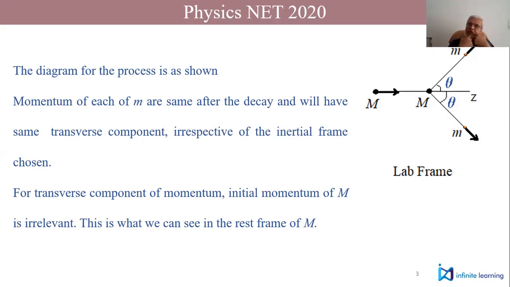But if you go into the rest frame of mass capital M, then in that frame, both the small masses m are moving in a direction perpendicular to the z direction, opposite to each other. And if you look at the question, they are only asking perpendicular to the z direction. They are not asking what happens in the z direction.